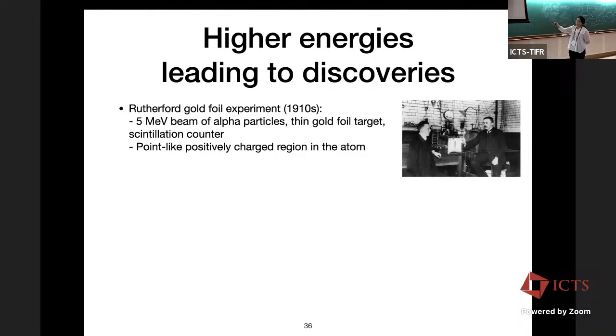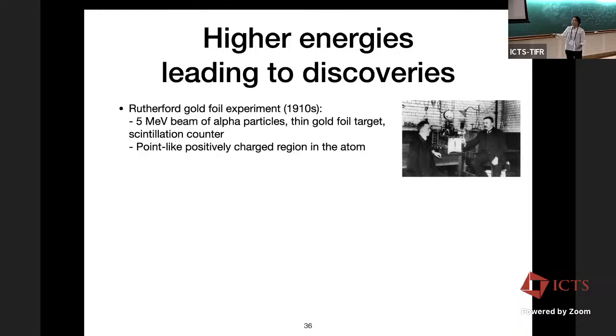One is Rutherford scattering in the 1910s, around there. This is one of the first fixed target experiments. What he used was a beam of alpha particles with 5 MeV energy, MeV, we're talking about MeV. And this is a beam. You need three things: then gold, a very thin gold foil, as the target, and then you need a detector.